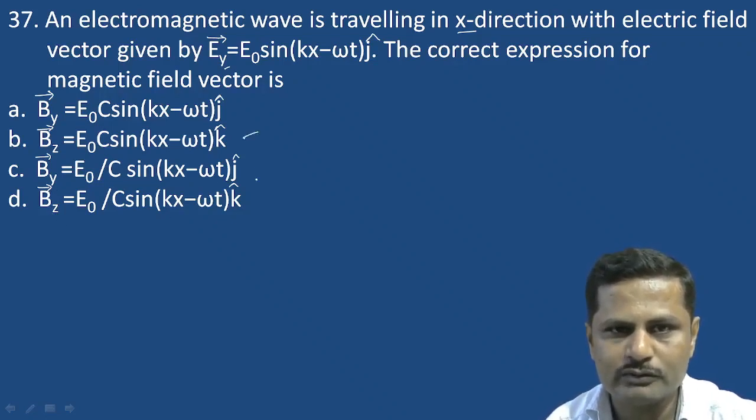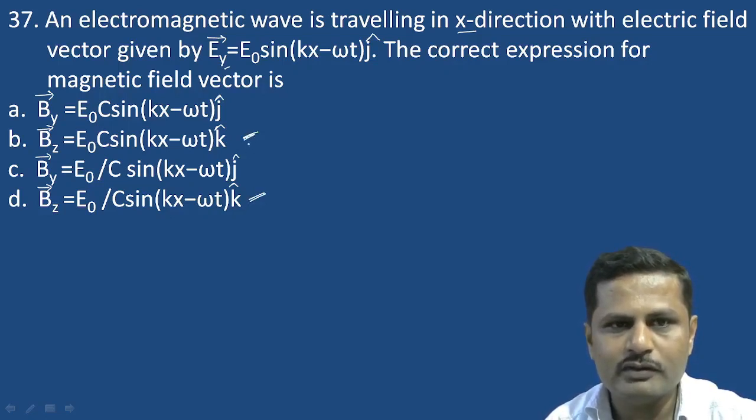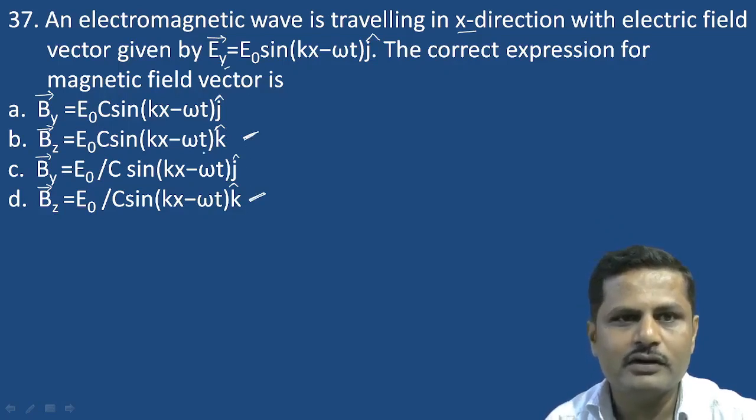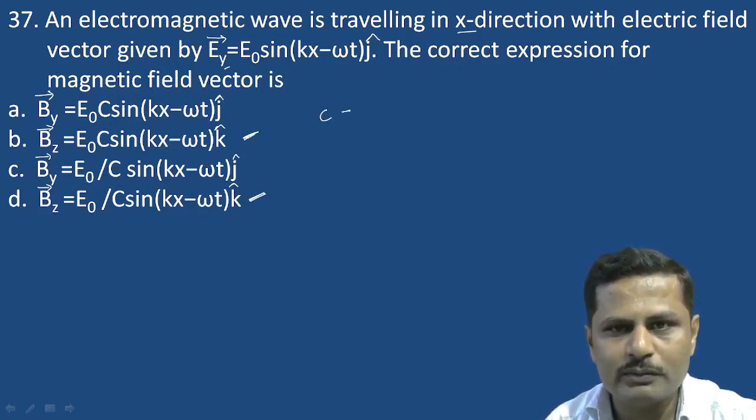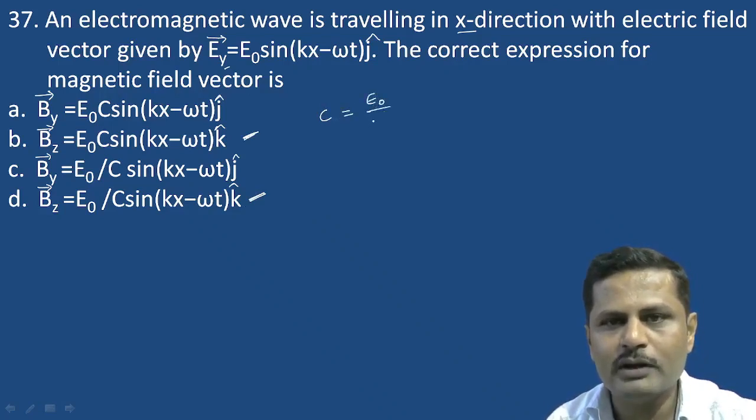Here are the two options, and among these one will be the correct answer. That means the magnetic field vector must be acting along the z-axis. Now, as we know, the speed of light is given by E naught divided by B naught, that is the amplitude of the electric field divided by the amplitude of the magnetic field.